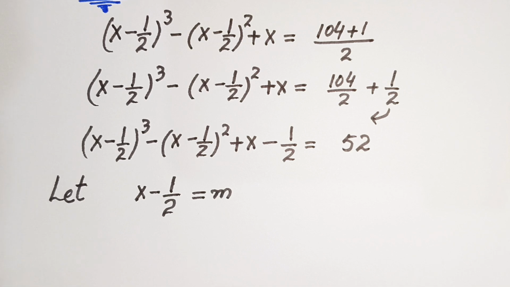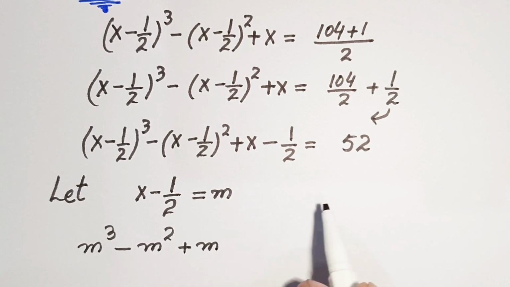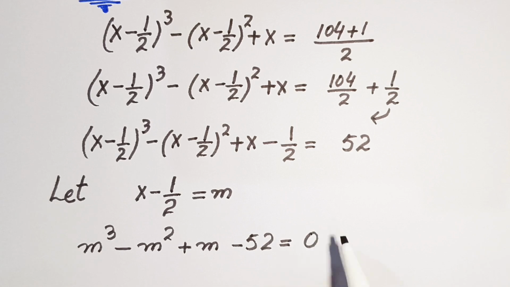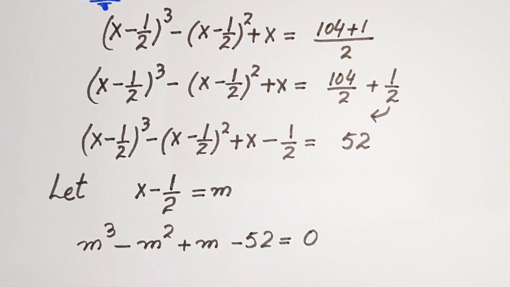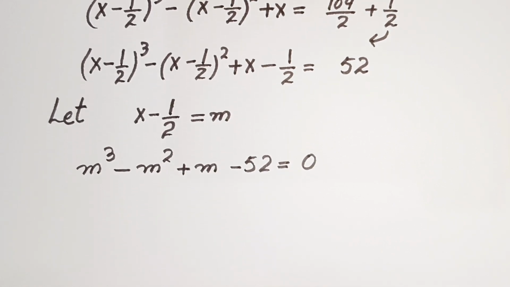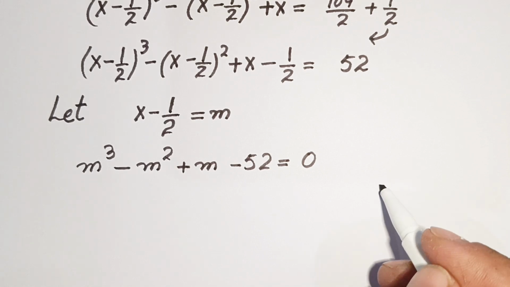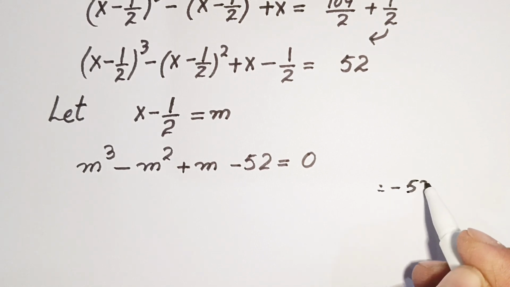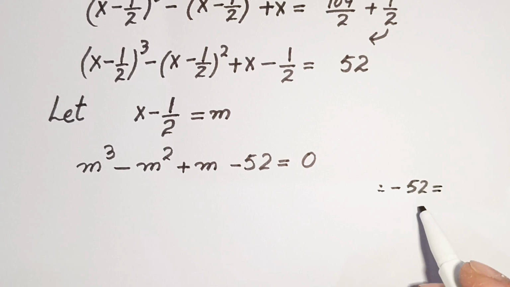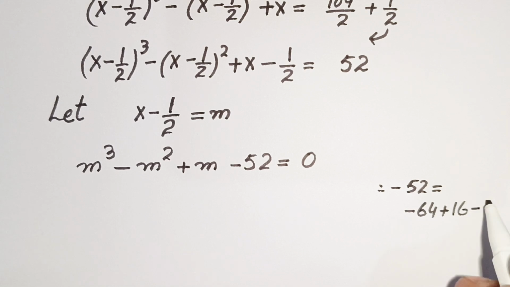Now substituting this value in our problem, we get m^3 − m^2 + m, and shifting 52 we have minus 52, that is equal to 0. Now we have to factorize this 52: minus 52 can also be written as minus 64 plus 16 minus 4.